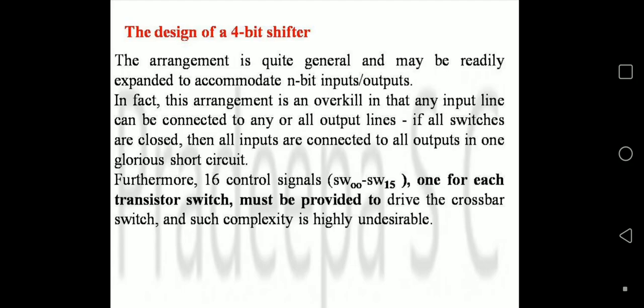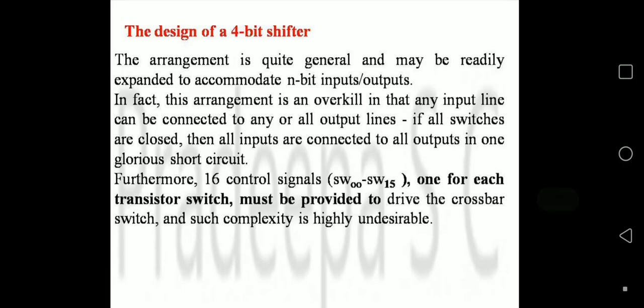This arrangement is an overkill in that any input line can be connected to any or all output lines. If all switches are closed, then all inputs are connected to all outputs in one glorious short circuit.